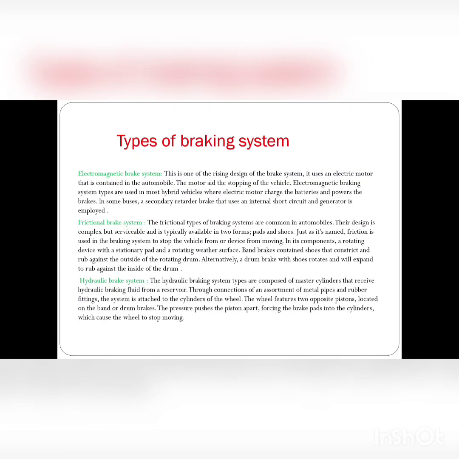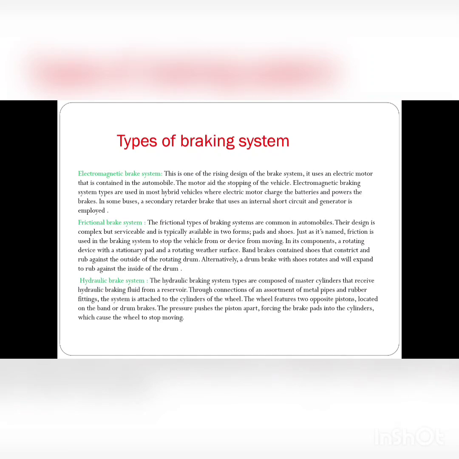A rotating device with stationary pads and a rotating wear surface. Band brakes contain shoes that constrict and rub against the outside of the rotating drum. Alternatively, a drum brake with shoes rotates and will expand to rub against the inside of the drum.